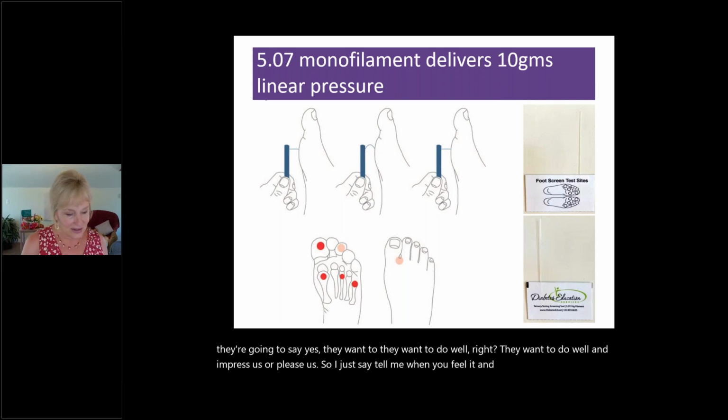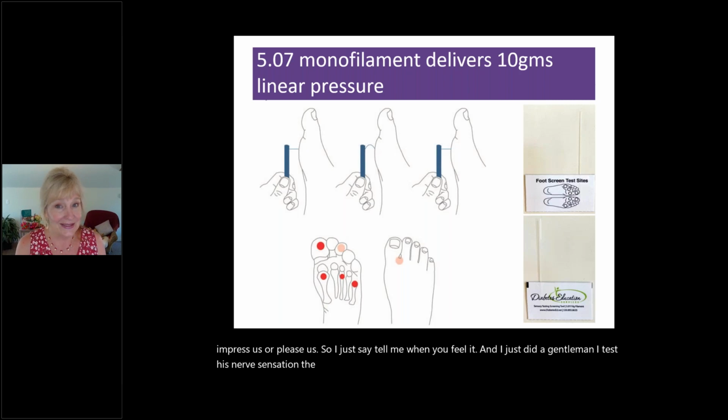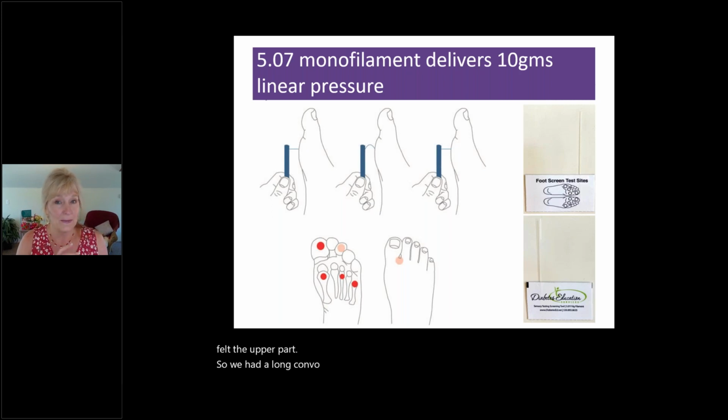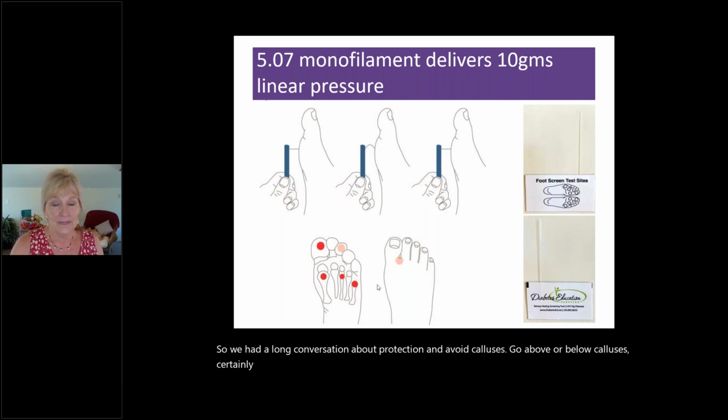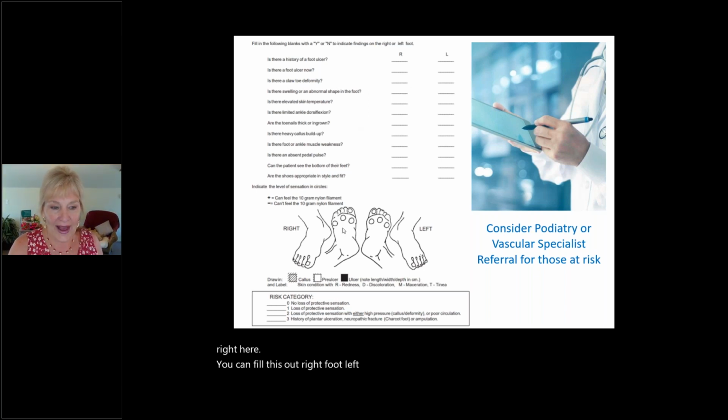And I just tested a gentleman's nerve sensation the other day, and he did not feel it on the lower part of his foot. He felt the upper part. So we had a long conversation about protection. And avoid calluses, go above or below calluses, certainly. But you can tell when people can't feel it. Now, we just went through this sheet right here. You can fill this out, right foot, left foot, super fast, calluses, and then assign their risk category.